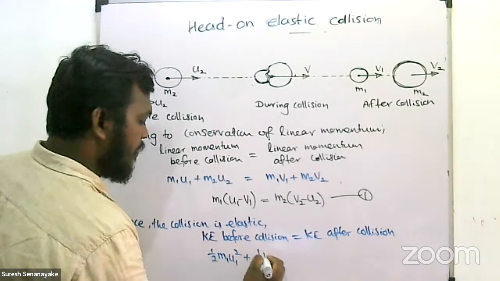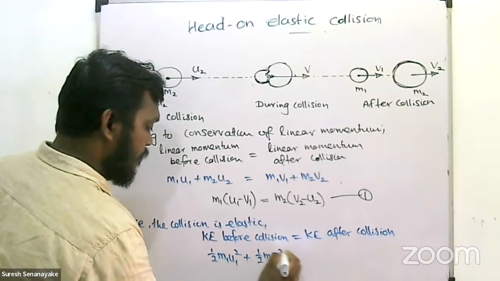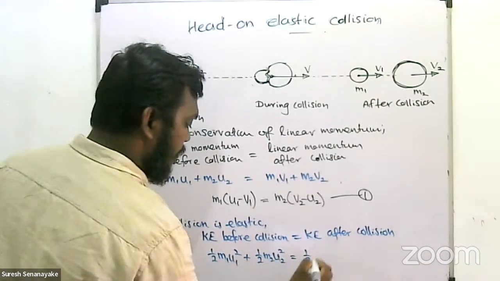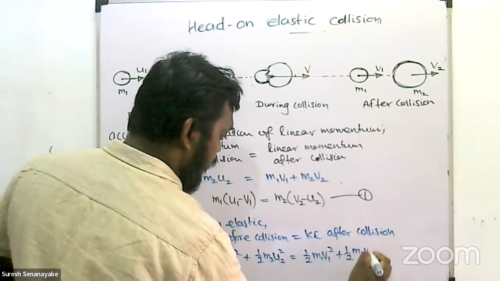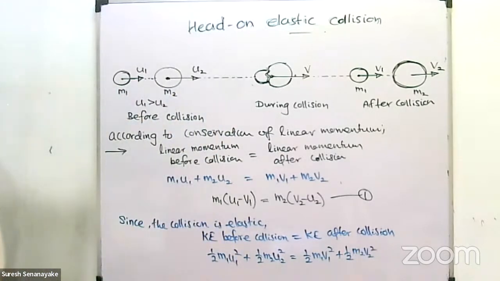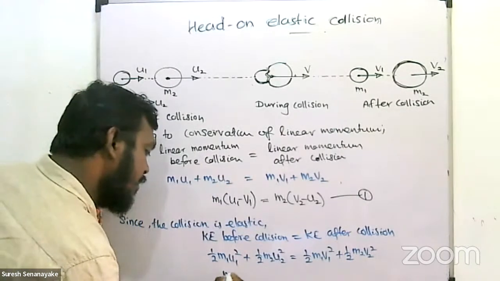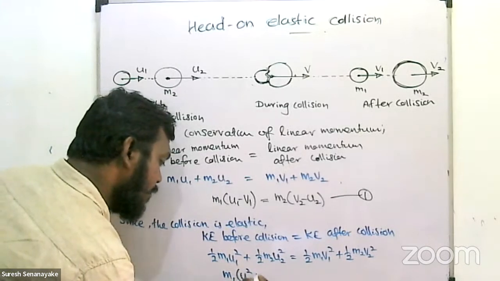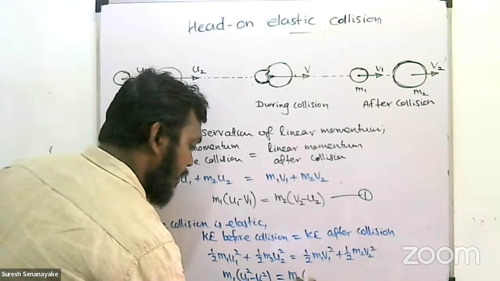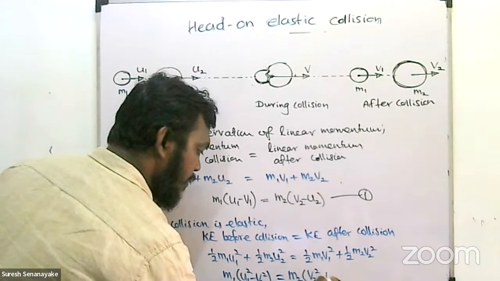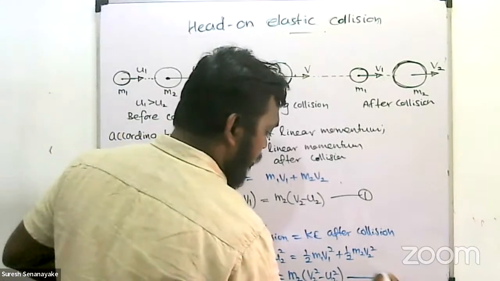The second one has half m2 u2 squared, and this is half m1 v1 squared, half m2 v2 squared. The halves will cancel off, and take the m1 terms to this side, m1 taken out, then u1 squared minus v1 squared equals the m2 terms on the other side, v2 squared minus u2 squared. So take this as the second equation.